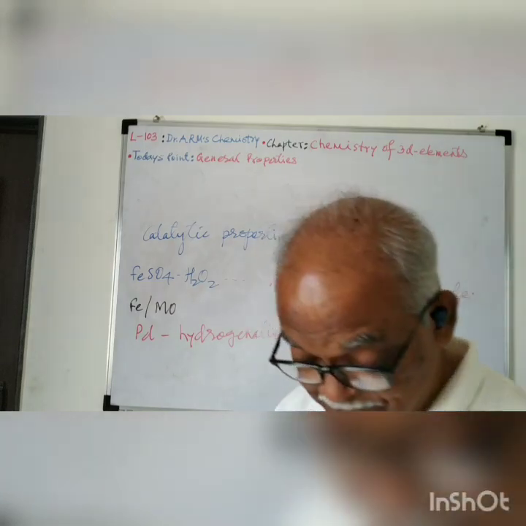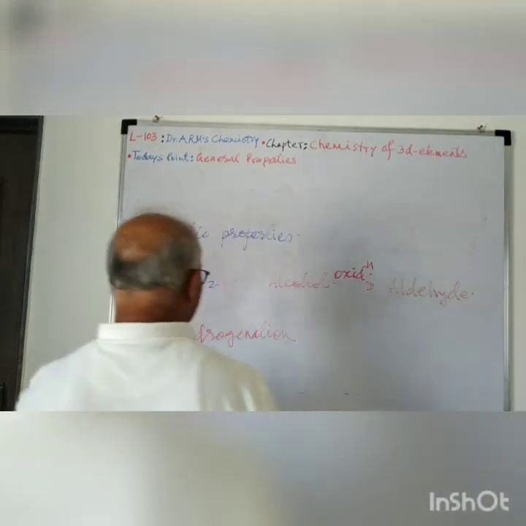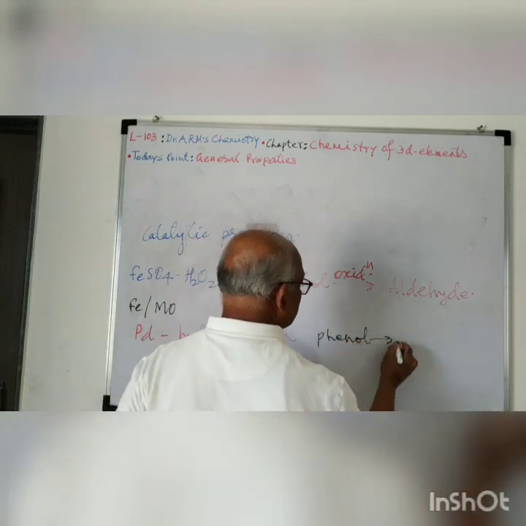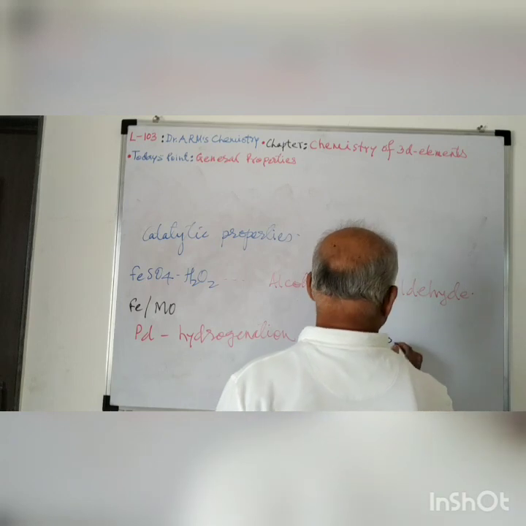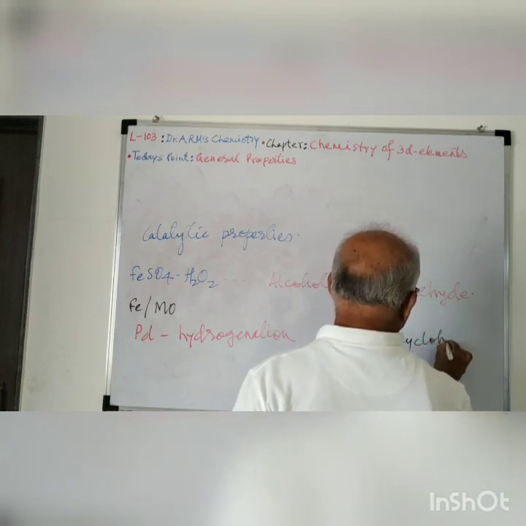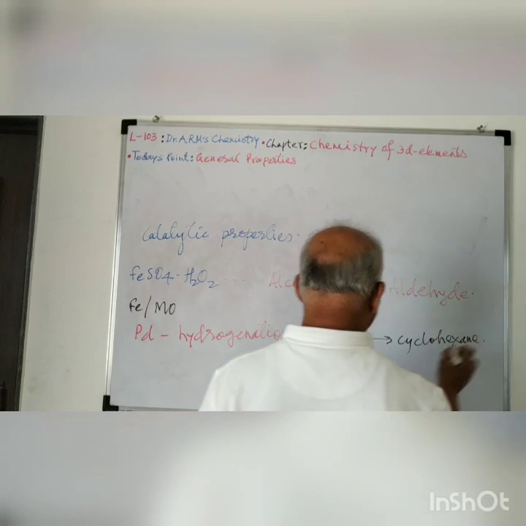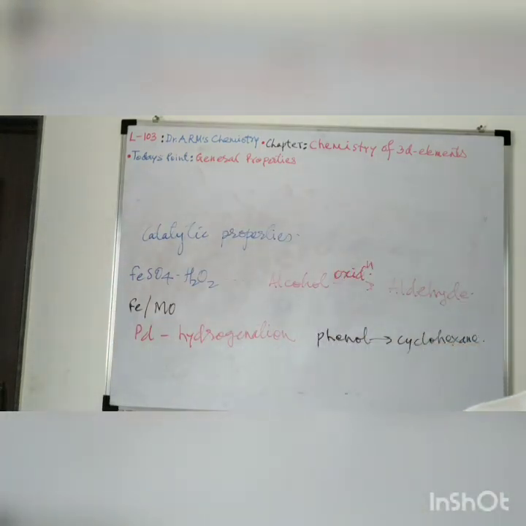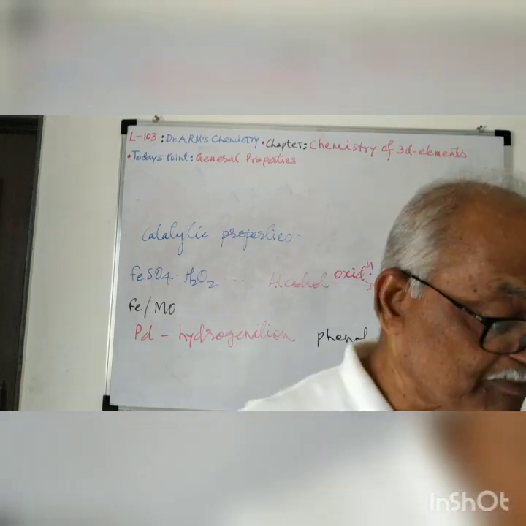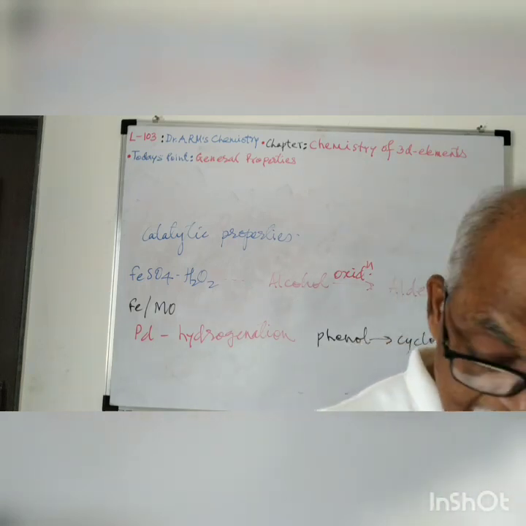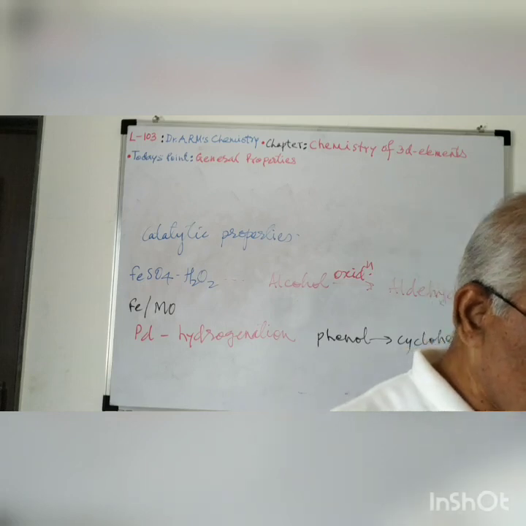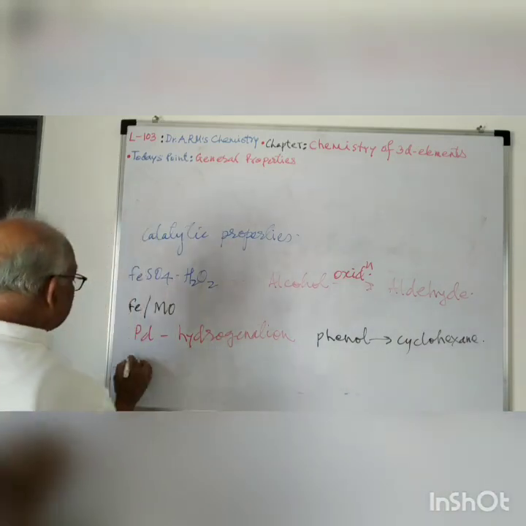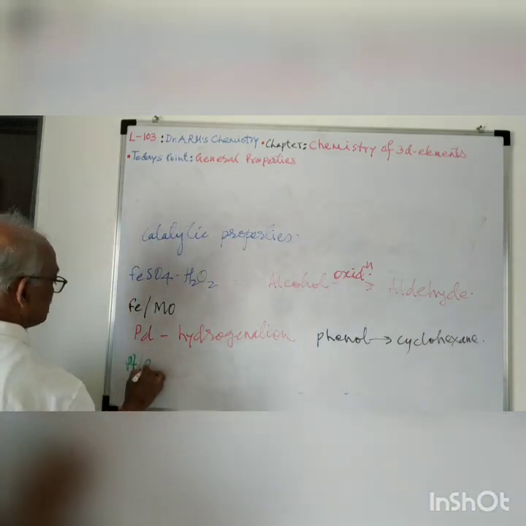For example, phenol is converted into cyclohexane, means reduction is carried out on phenol, which gives the product cyclohexane. Then another is platinum and or rhodium.